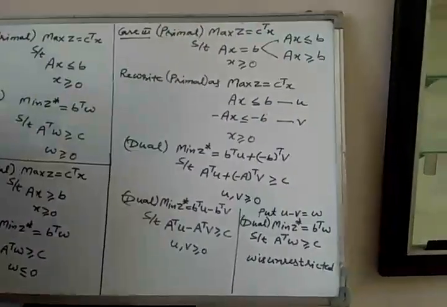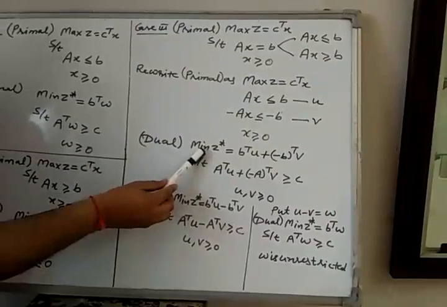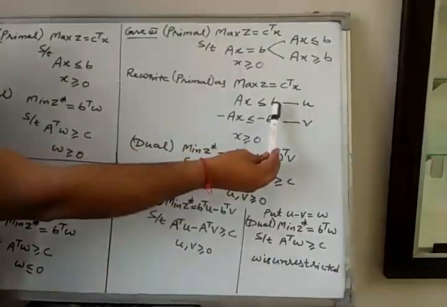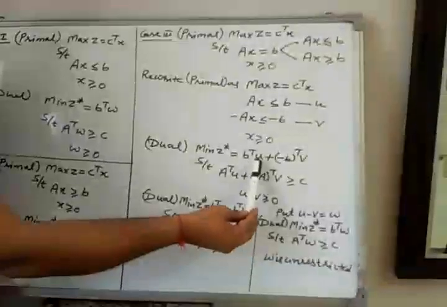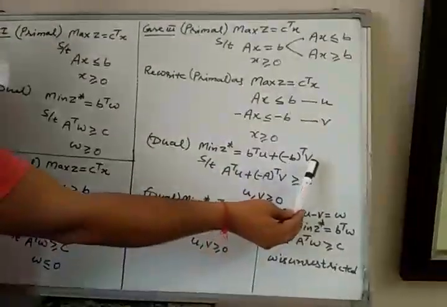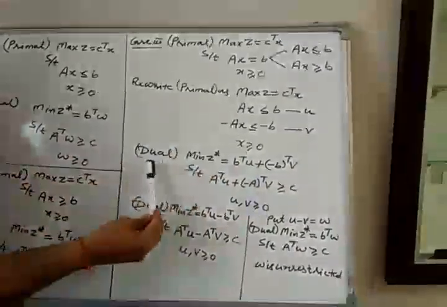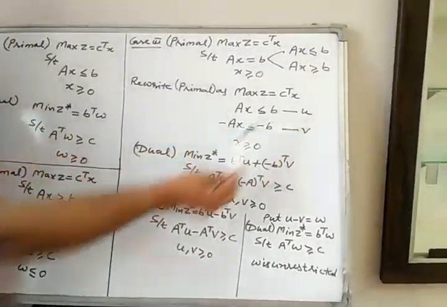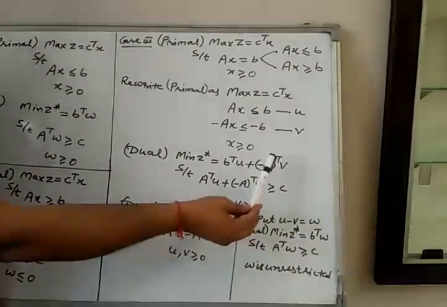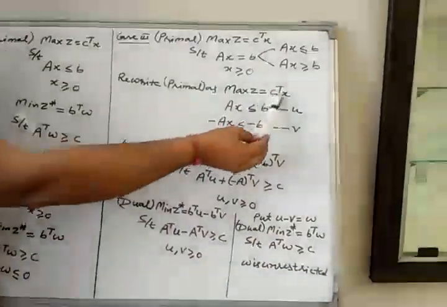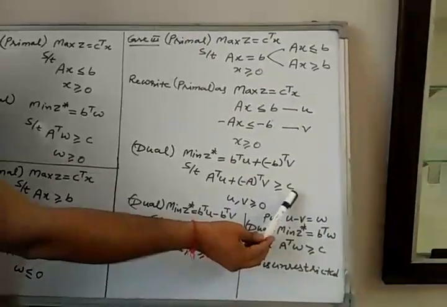As the primal is a maximization problem, its dual is a minimization problem, and the right hand side becomes the cost coefficient. Therefore it becomes b transpose u plus minus b transpose v, and we take the transpose in the dual as a transpose u plus minus a transpose v greater than or equal to c, because the cost coefficient in the primal becomes the right hand side in the dual.